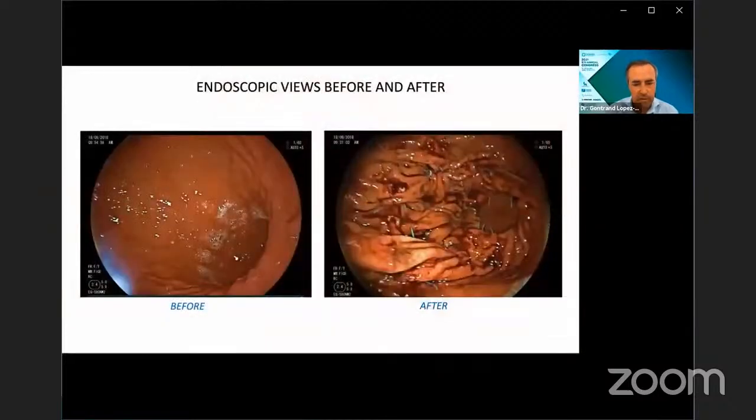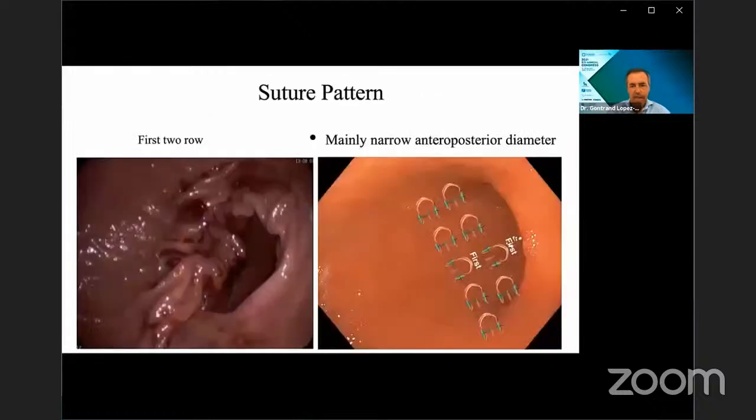Here is an endoscopic view of how the stomach was before and how it was after.